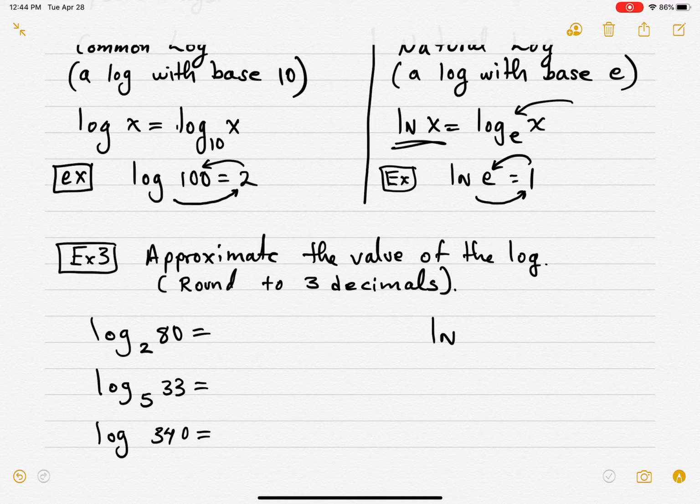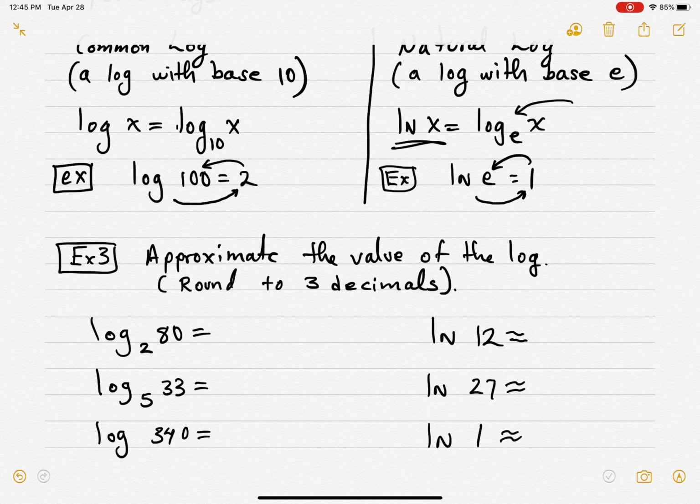Also, we're going to investigate what the natural log of 12 is approximately, what the natural log of 27 is, and let's take one more. What about the natural log of 1? Just to see what we get.